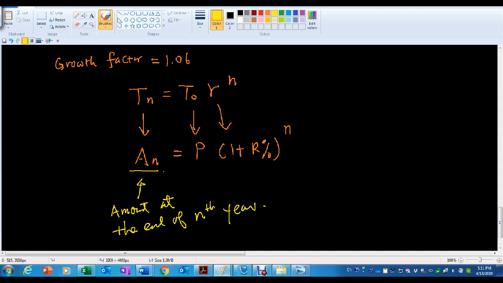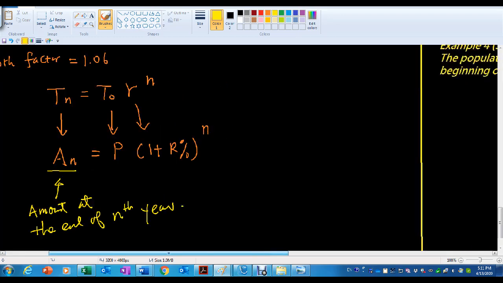If you don't want to use the new symbols, you can still use Tn like we did in the application of arithmetic sequence, that's totally fine with me. I do that because in your textbook they use the symbols An and P, so I just need to give you an option.